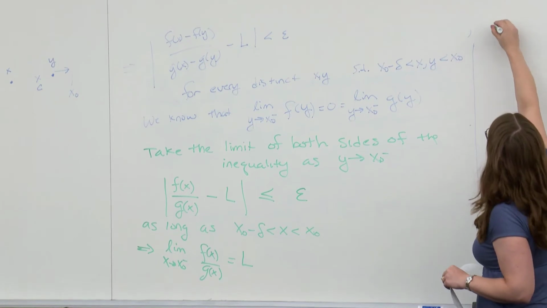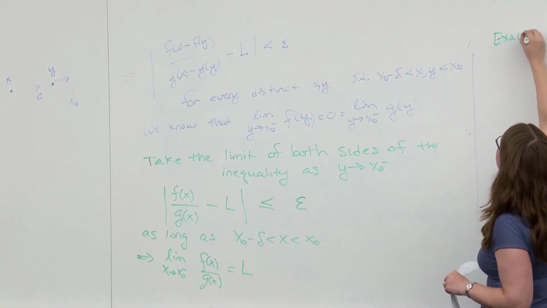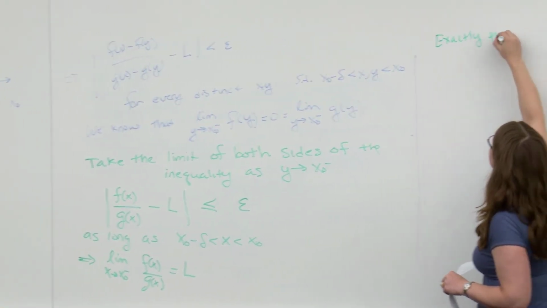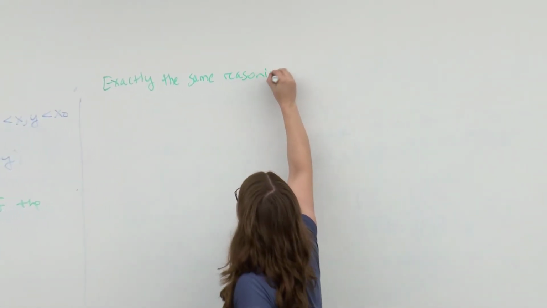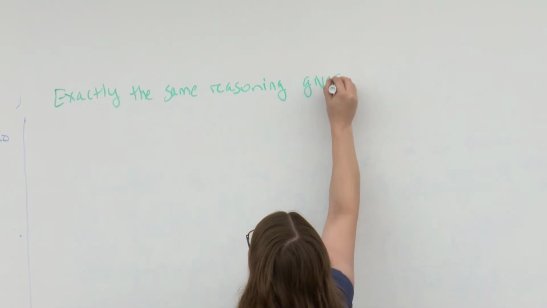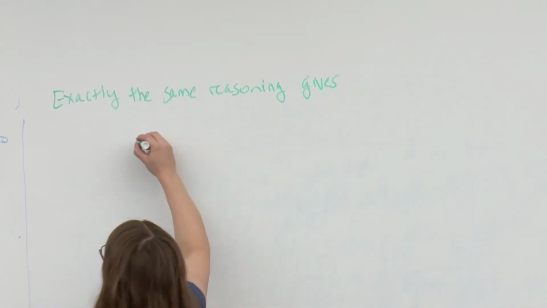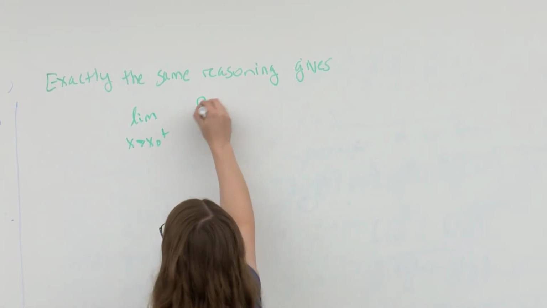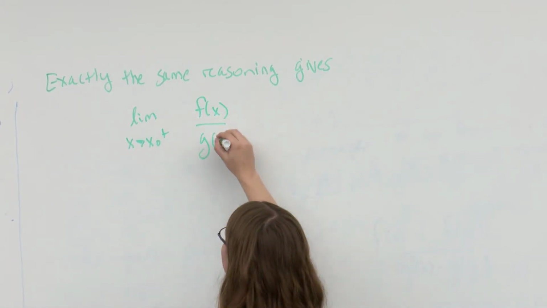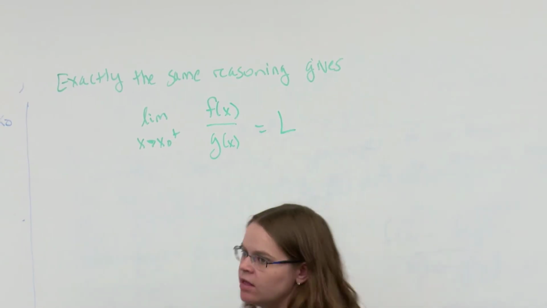So I'm going to say, using exactly the same argument, exactly the same reasoning, gives that the limit from the right of f of x over g of x is also equal to L.